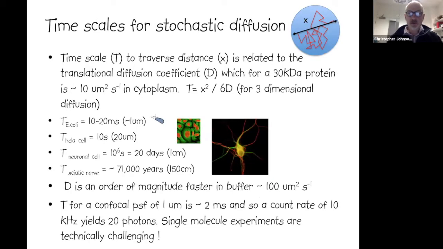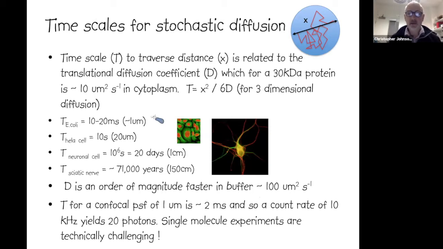So in just talking about diffusion and showing you a movie where we see molecules diffusing around, I just thought it's interesting to think about the timescales for a stochastic diffusion process.